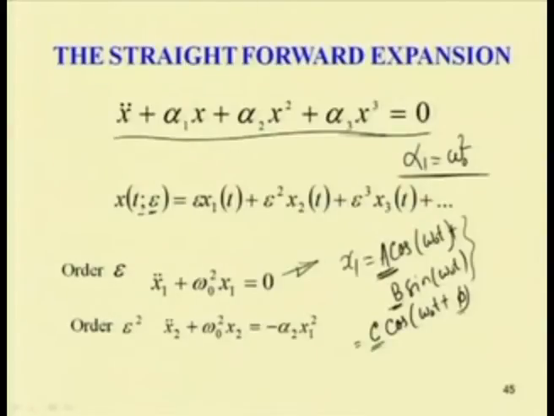So, in the first procedure one finds the constants A and B, or C and phi, at the first stage itself, or in the second case one finds them at the end. It can be shown that in both cases one obtains the same solution for this equation.